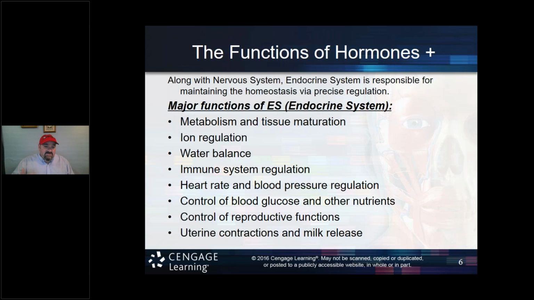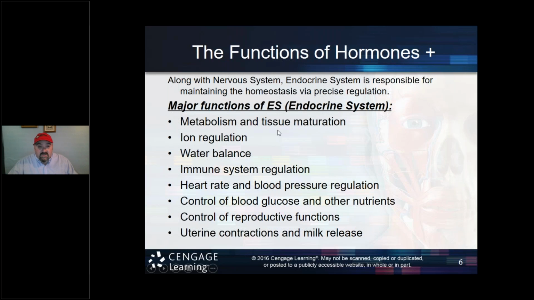Having those levels not at the correct levels where they need to be can really cause havoc to the functioning of the whole body, as far as all systems. We would say that thyroid hormone is a major metabolic hormone, so it affects multiple systems and multiple functions present within the body, maintaining homeostasis.